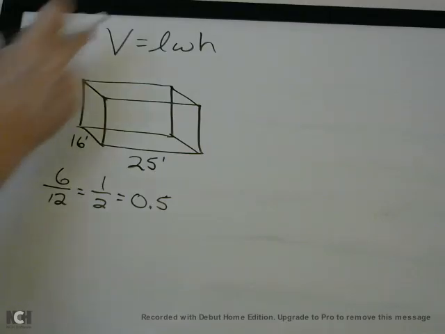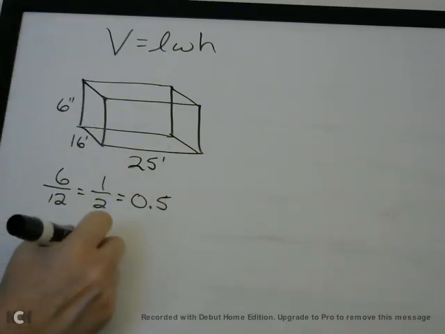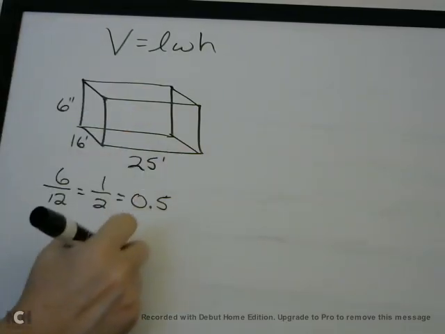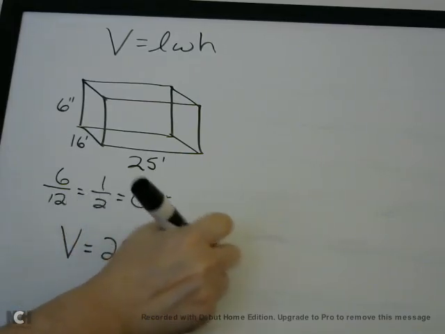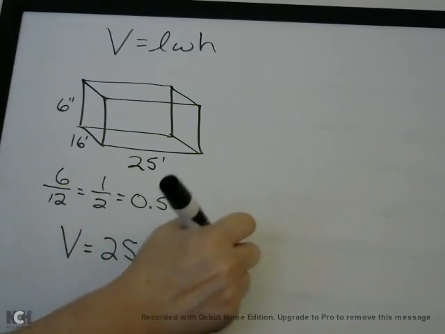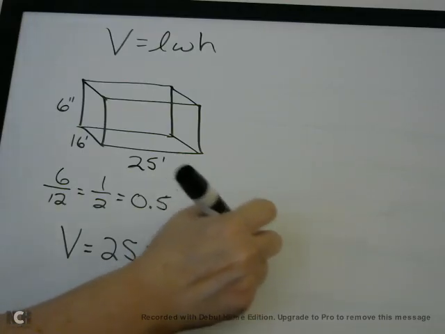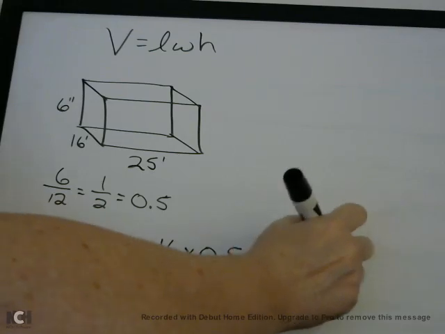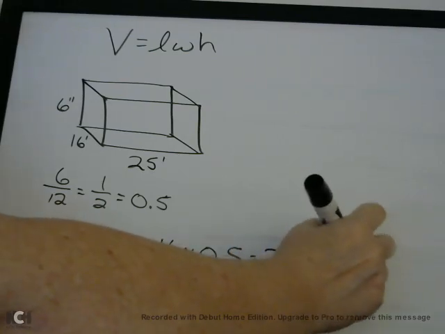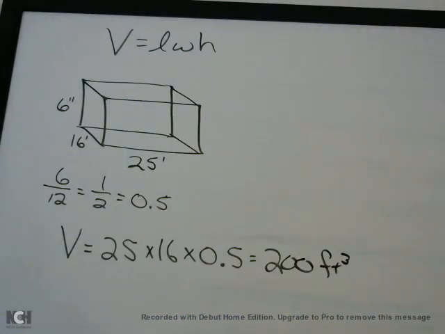So now we can again just get our formula sheet out. 25 times 16 times 0.5. And if you do that, you're going to get 200 feet cubed.